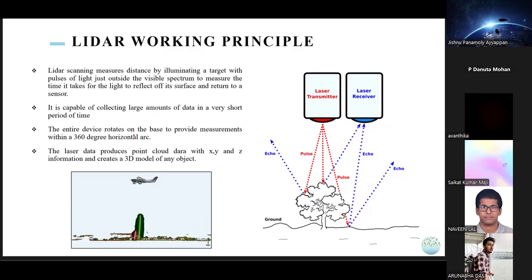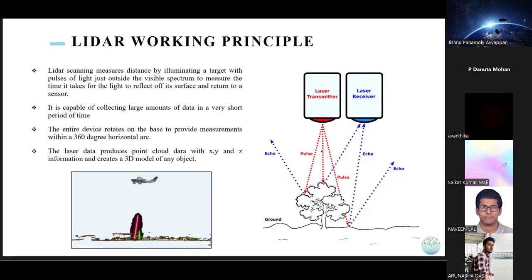The entire device rotates on its base to provide measurements within a 360-degree horizontal arc. You can go to a monument, or measure a building or the face of a pen, using a scanner which can rotate in 360 degrees.